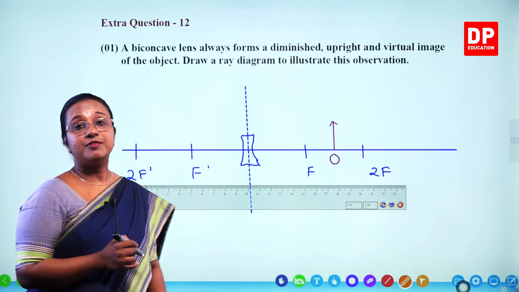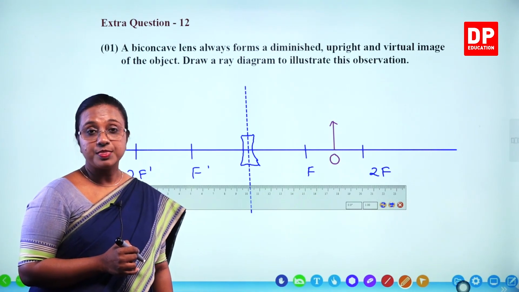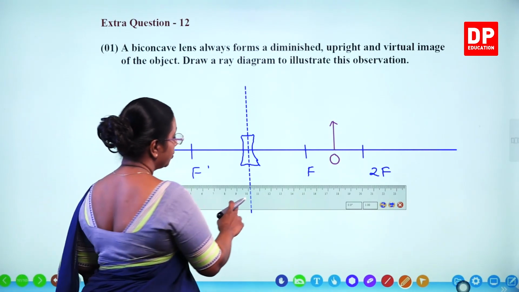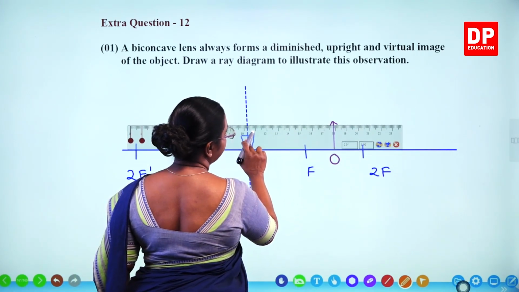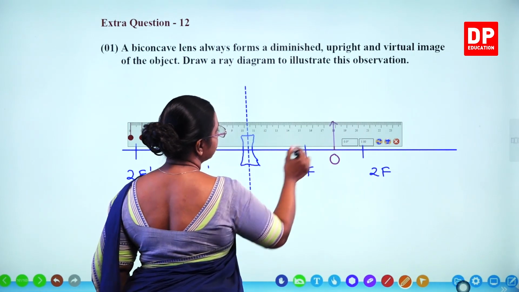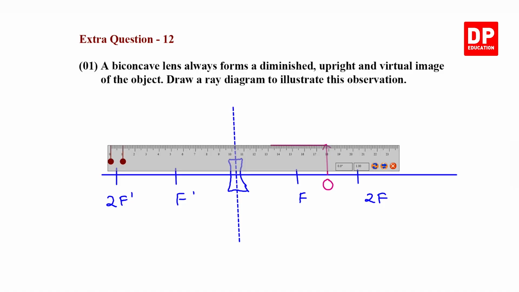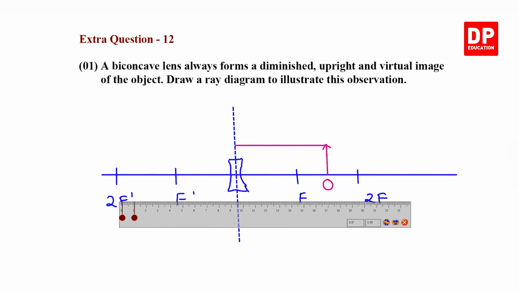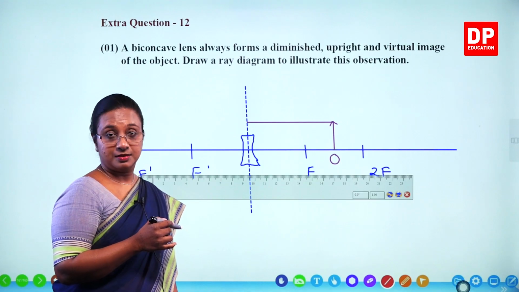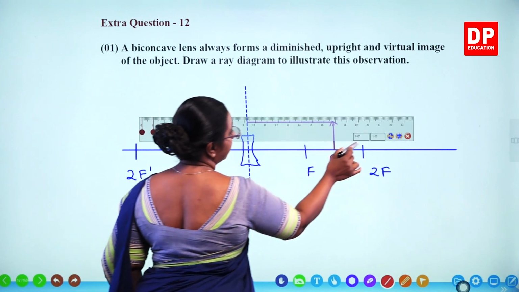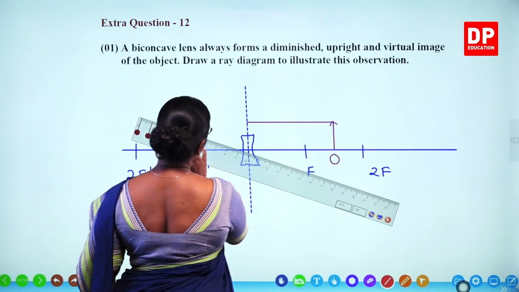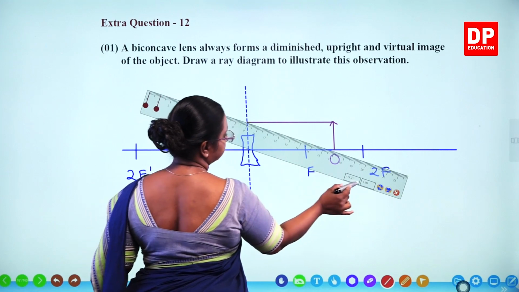Now we have to have rays coming from the top of the object. So I will draw a ray that is coming parallel to the principal axis. So again I'll use a different color. What will happen to this ray? It will refract away from the axis. So when it refracts, it will look as if it's going through the focal point.